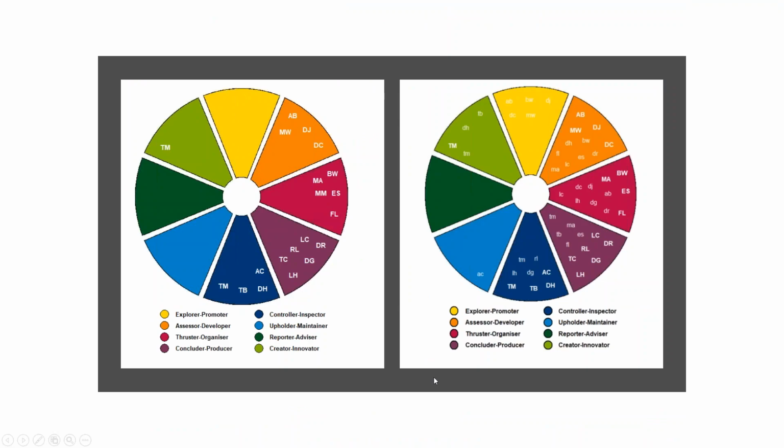Here's another way of looking at it. The team on the left-hand side, this is their primary preferences. Remember I said that everybody has a primary preference around the wheel. And then what you've got on the right-hand side, which is a very busy wheel, is showing you in lowercase people's related preferences.